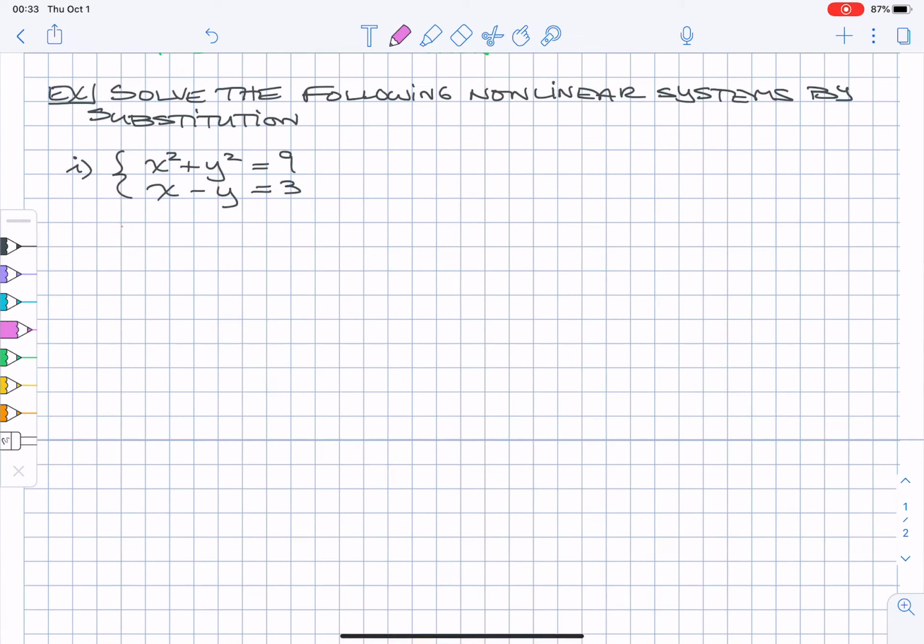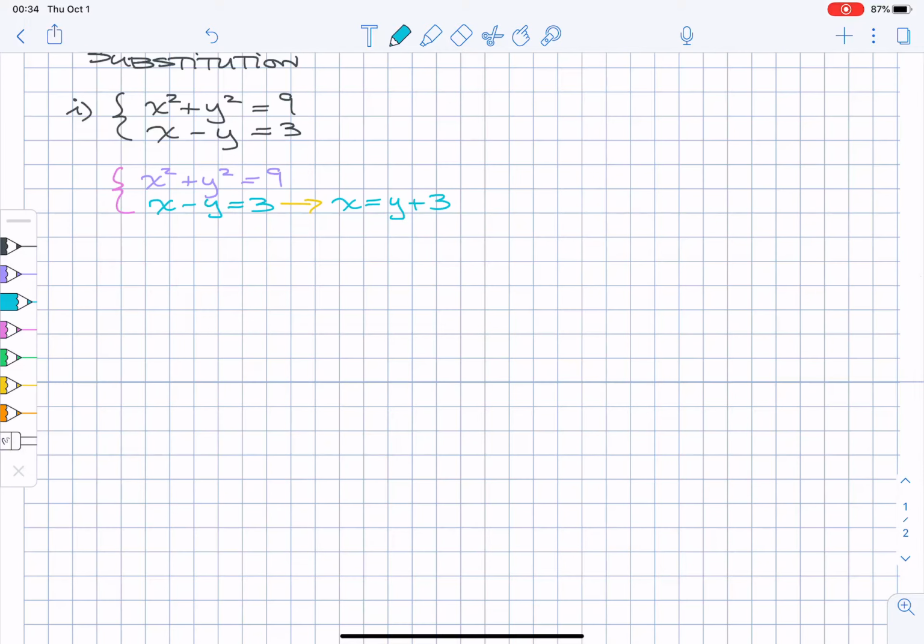Okay, so we're going to take the equation x squared plus y squared is equal to 9, and x minus y is equal to 3. Of course, right away, I can solve this for x. x is equal to y plus 3. So I'm going to plug that y plus 3 into the equation above in place of x.